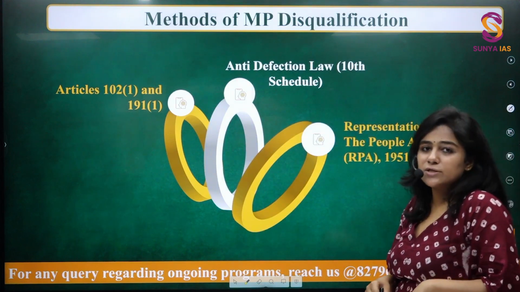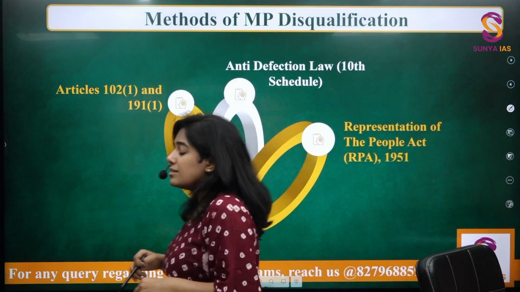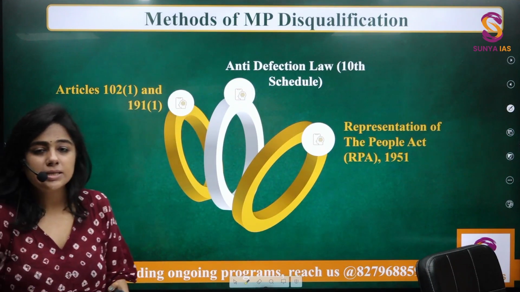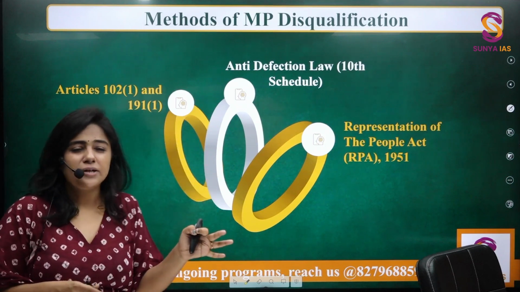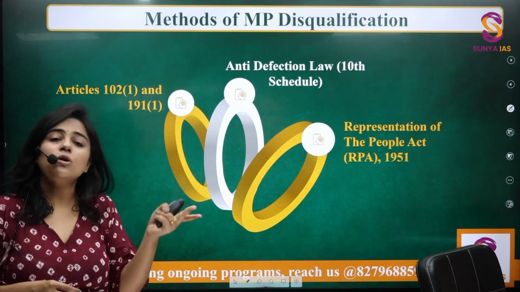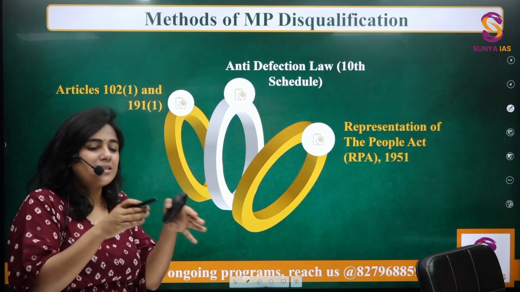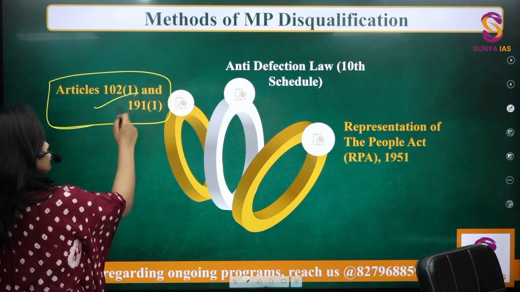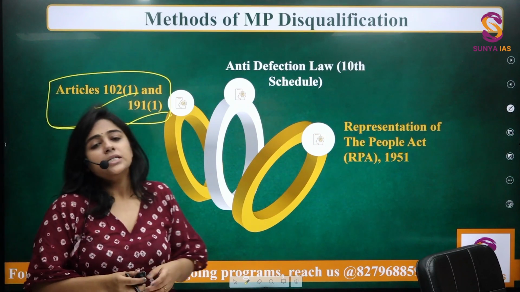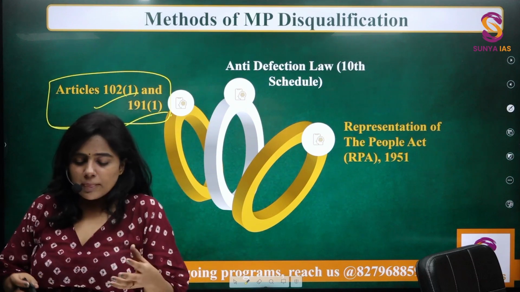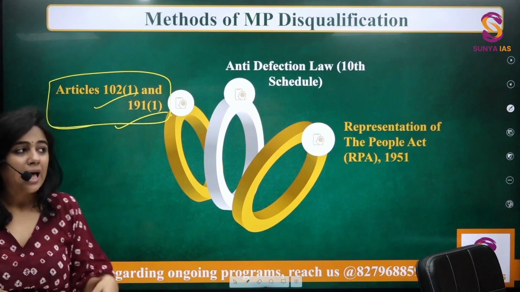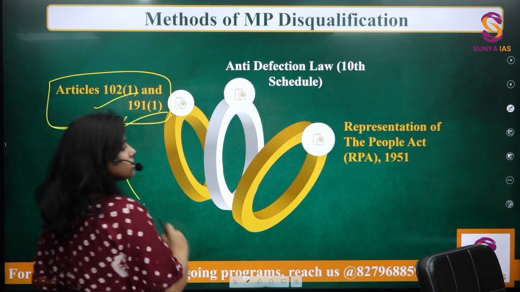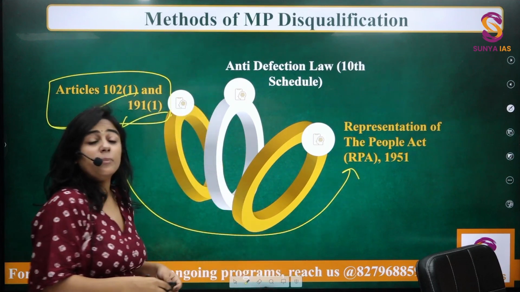Now, there are questions which are asked on methods of disqualification for MPs and MLAs. And this is not exactly a part of the anti-defection law, but anti-defection law is a part of methods of disqualification. So, Articles 102 and 191, 102 for Parliament, 191 for the state legislatures, talk about the methods of disqualification, and the fact that Parliament is supposed to decide the methods, which Parliament has done by enacting the Representation of the People Act.